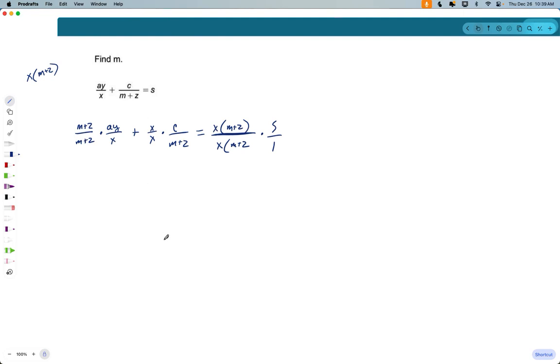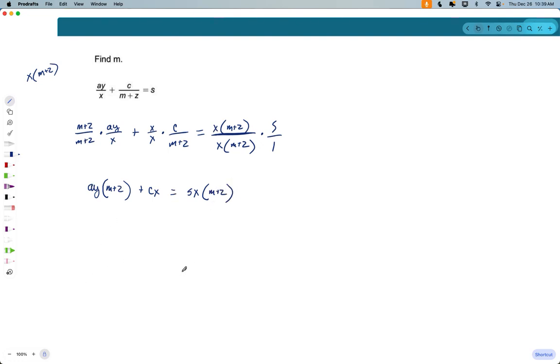Now we're going to distribute, and we can cancel the denominator because all the denominators are the same. So what we have is ay times m plus z plus cx is equal to sx times m plus z.